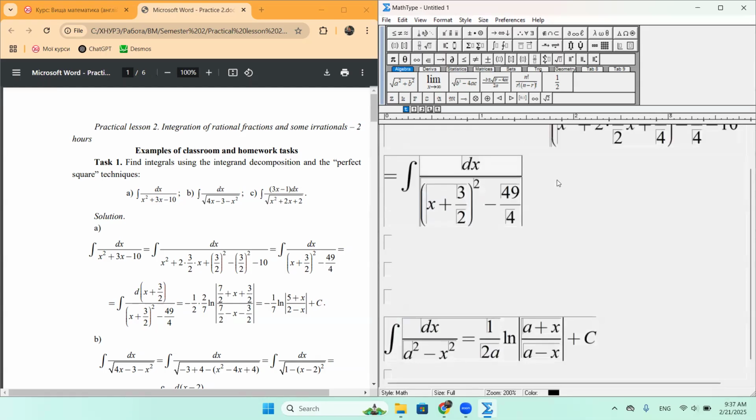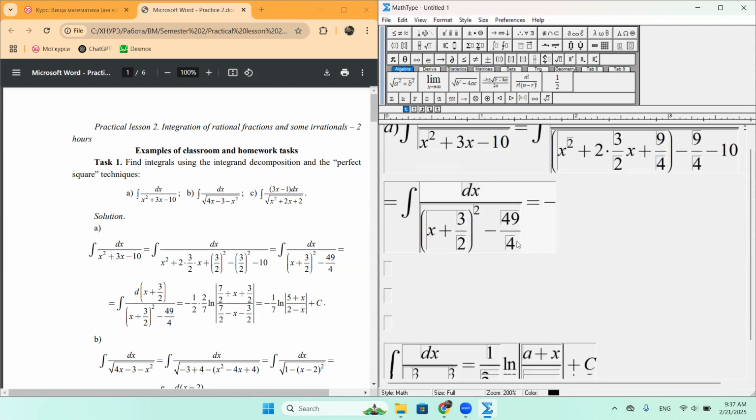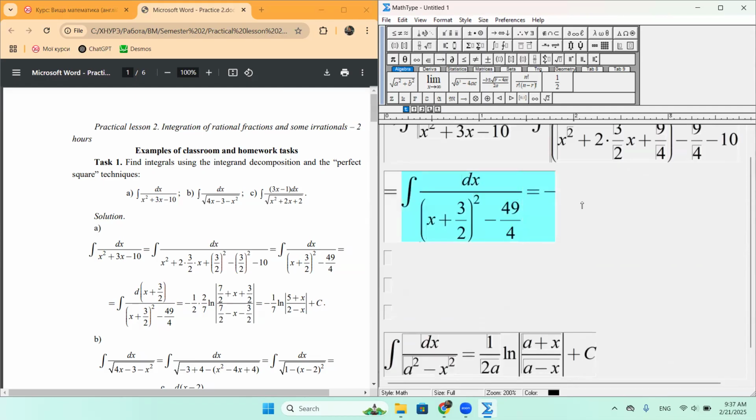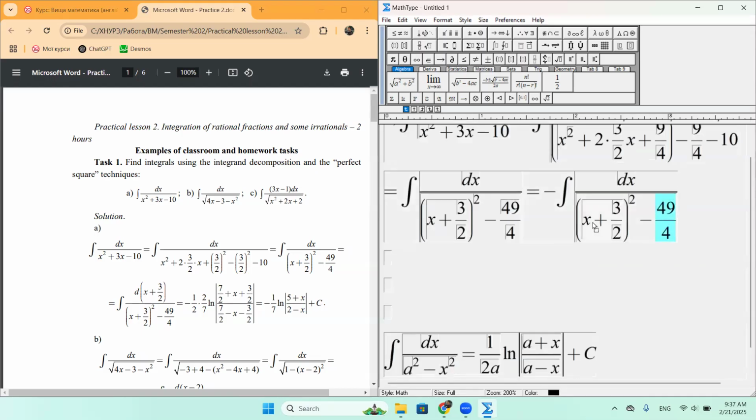So this expression under the integral needs also to be modified a little bit. So what will we do? First of all, we will put minus before the integral, to change the order here. So we'll do like this.